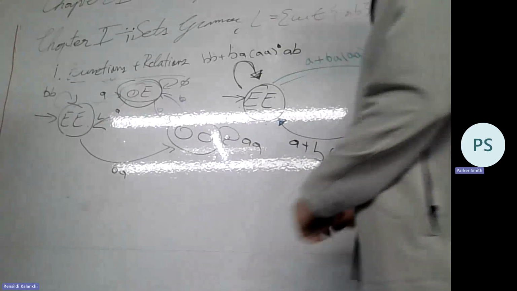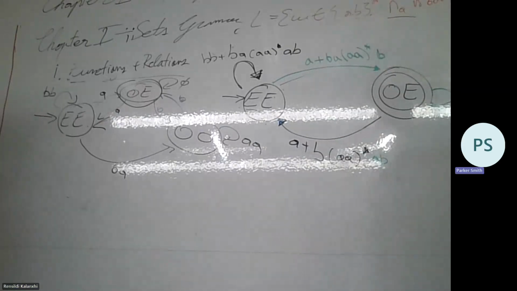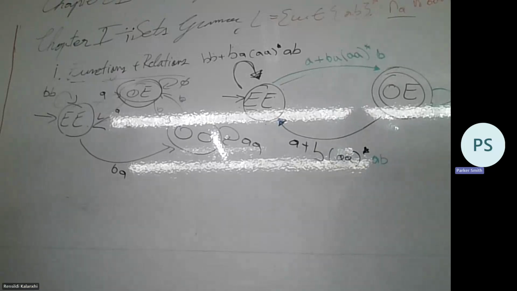I think it's because you're trying to eliminate it based on going to OO first. That makes sense. If you go to OE first, that's not going to end up being part of the regular expression.